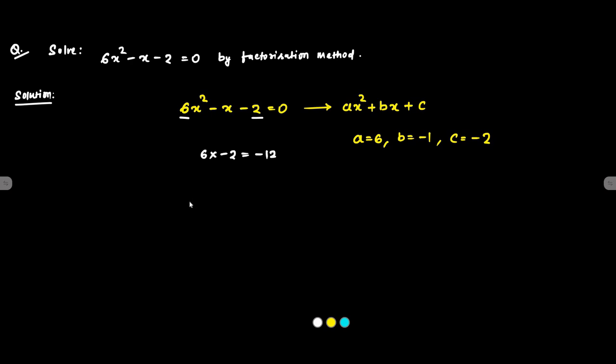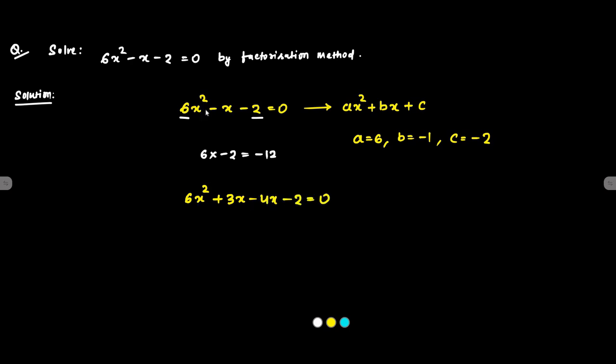So 6x square, okay, 3 into 4 is also 12, so plus 3x minus 4x minus 2 is equal to 0.